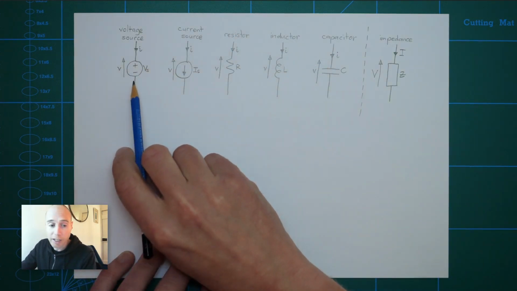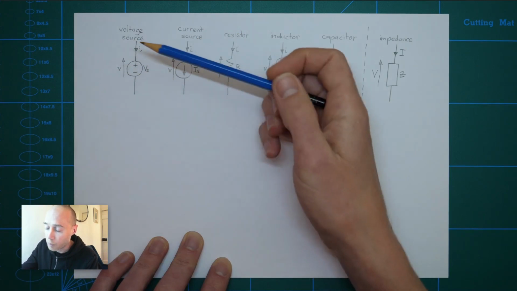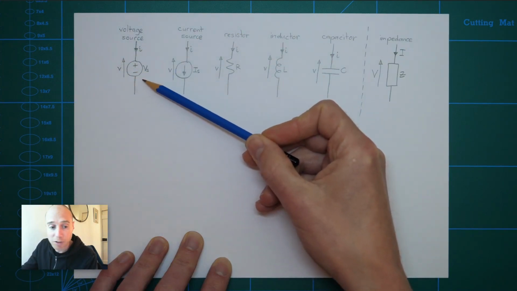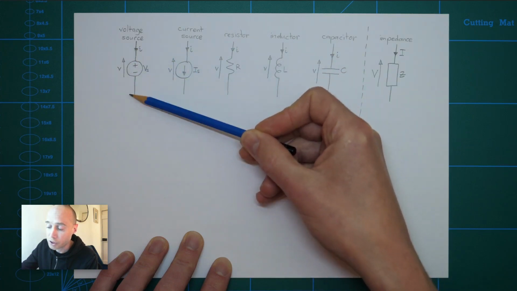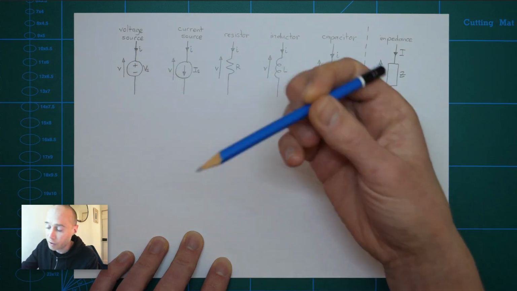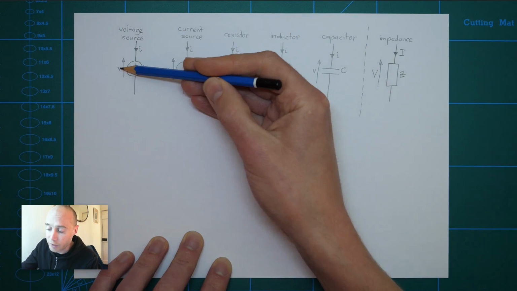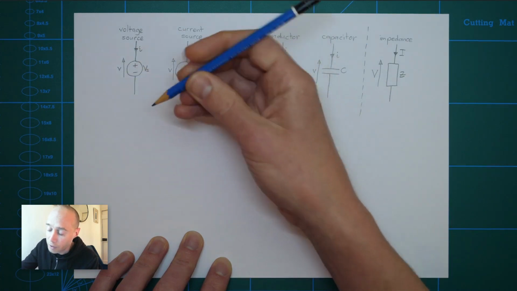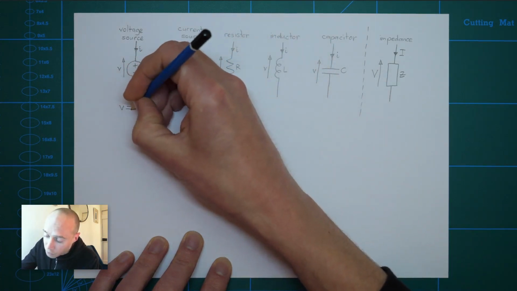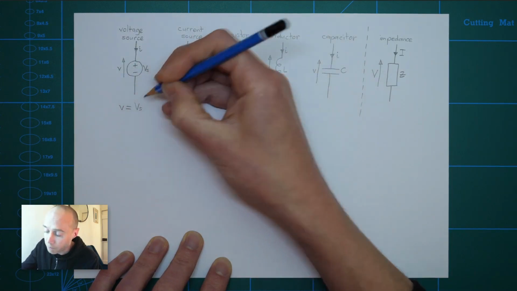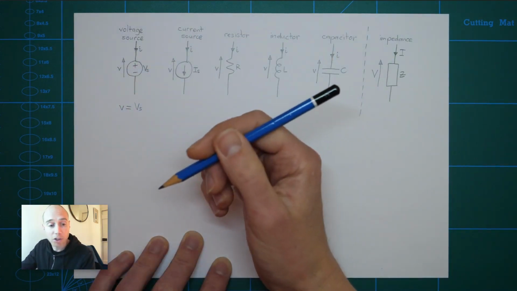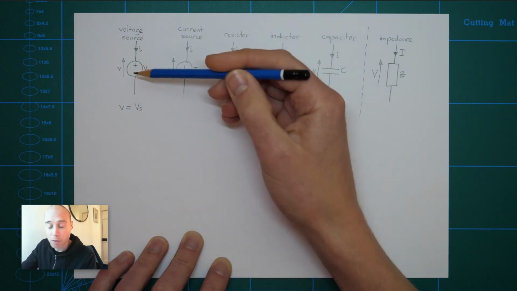For example, in the case of a voltage source, what this element tells us is what the difference in voltage is between the nodes either side of it. Here I've written that as V, and the current through it is I. But V is just going to be equal to whatever the value of the voltage source is. So it doesn't change depending on the amount of current that passes through it.